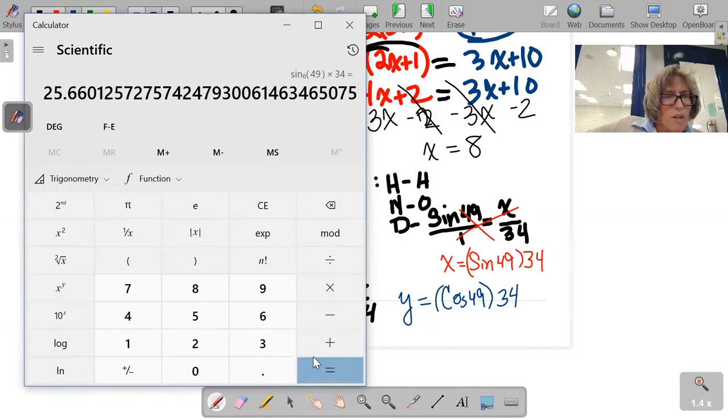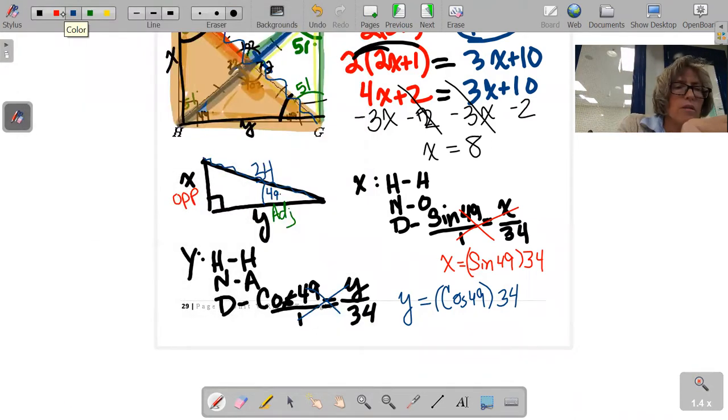And I get 25.66. I'm going to round to the tenths, so it's going to be 25.7.